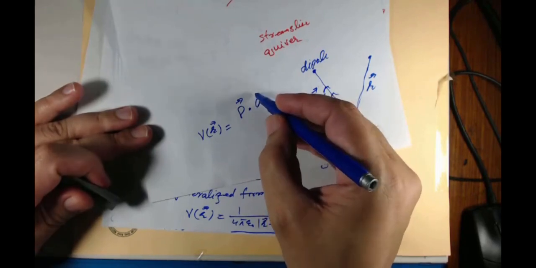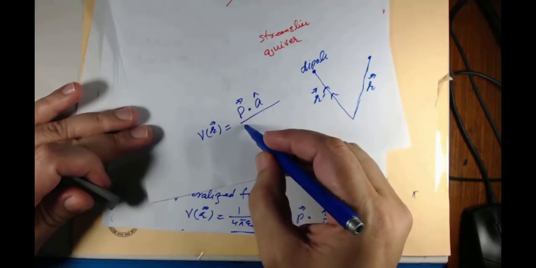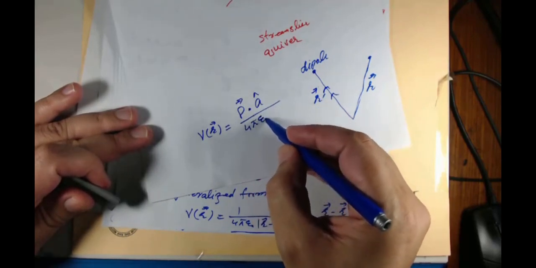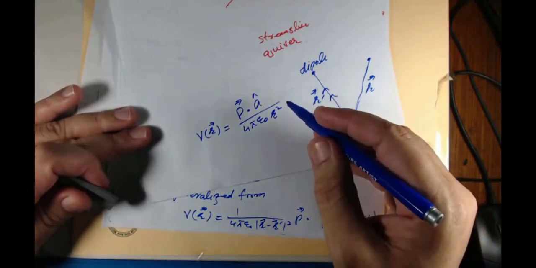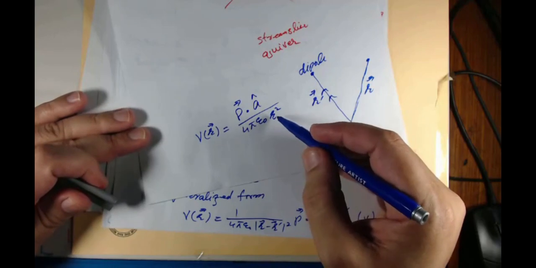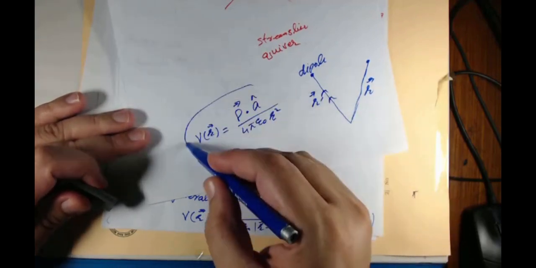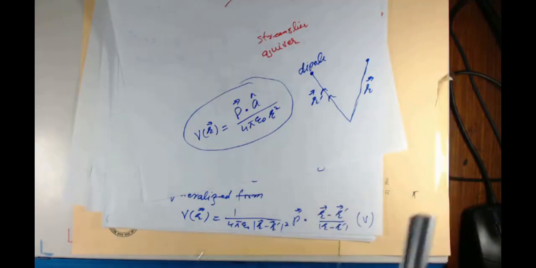Let us consider a is any generalized unit vector divided by 4 pi epsilon naught r square, or you can use any other symbol for small r. So you can also write down the potential due to the gradient of scalar potential in this generalized form.